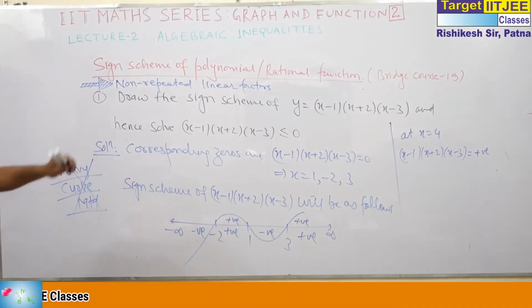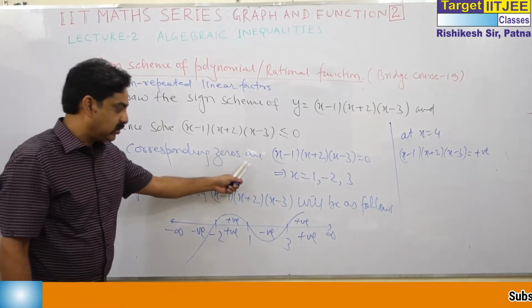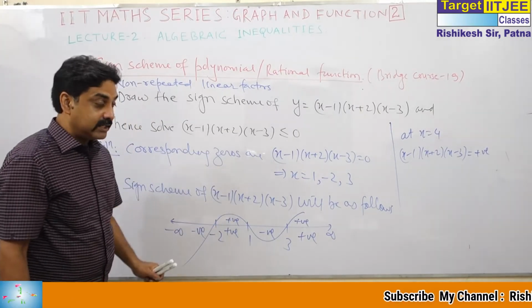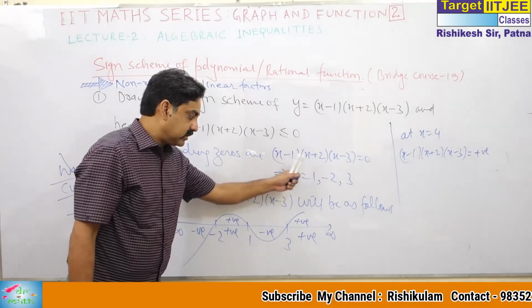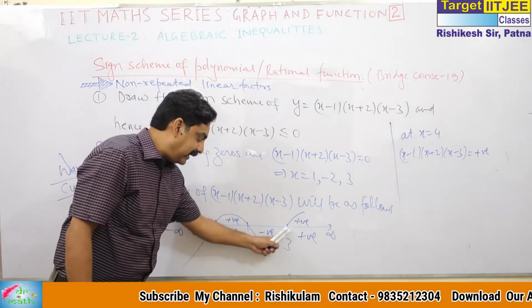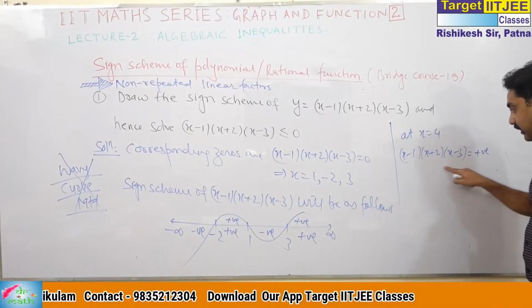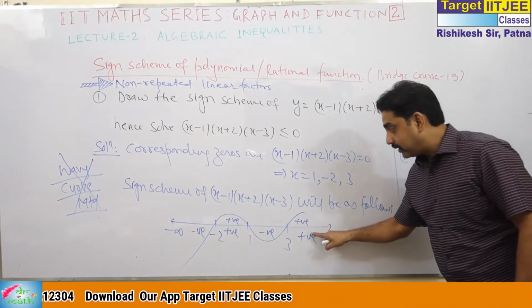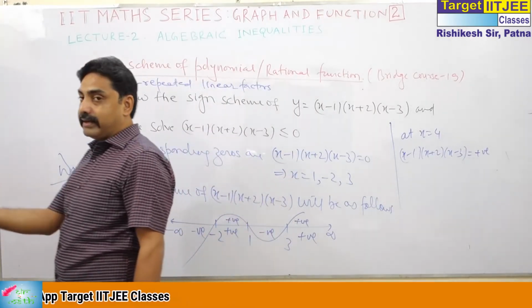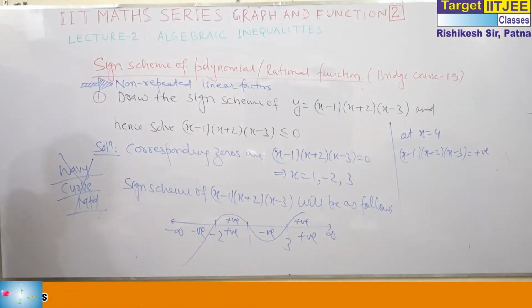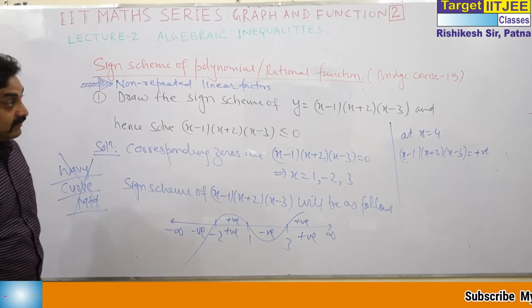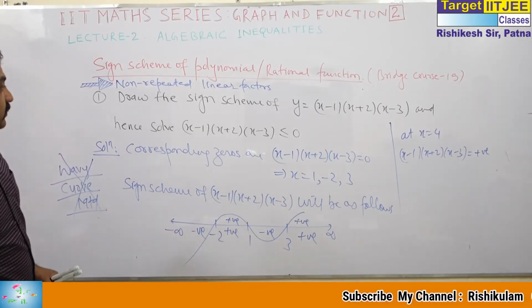The steps: find the zeros, write them on the number line in order, take the sign for a particular interval, and when factors are non-repeated, use alternate positive and negative signs. That I have done in this course 19 with more details.